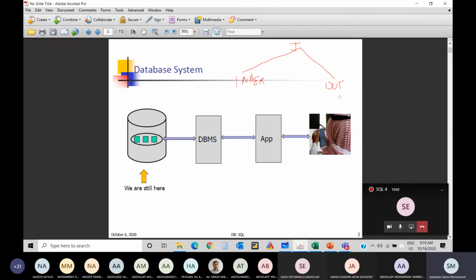If I'm joining two tables and your information is not in both tables, you will not appear in the inner join. You have to be in both tables. In the outer join, you can be in just one table and you can still appear in the output. So unless your information is in both tables, you will not appear in an inner join. Here, even if it is in one table, you can appear.